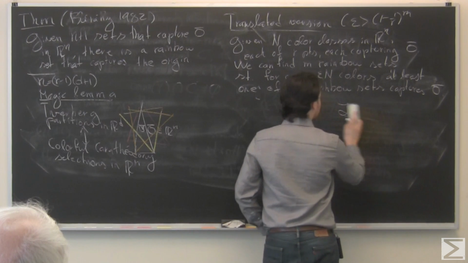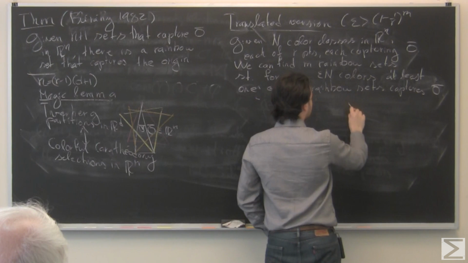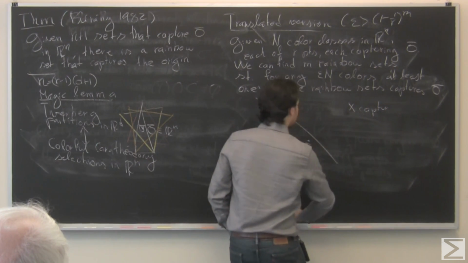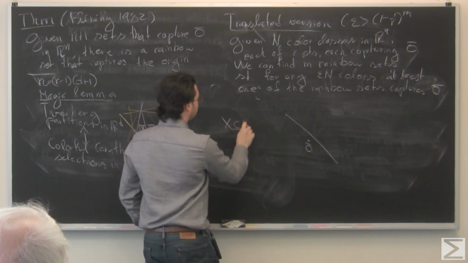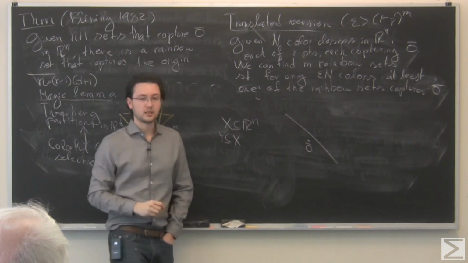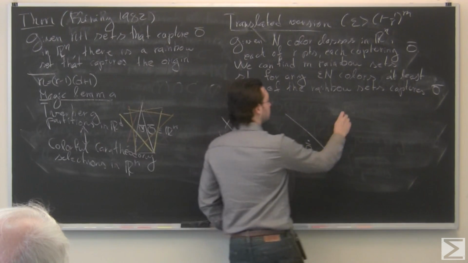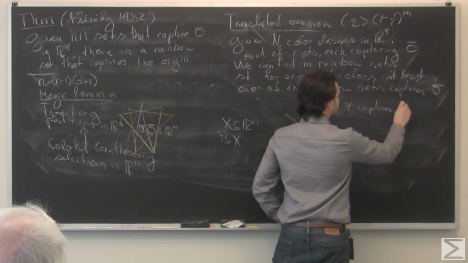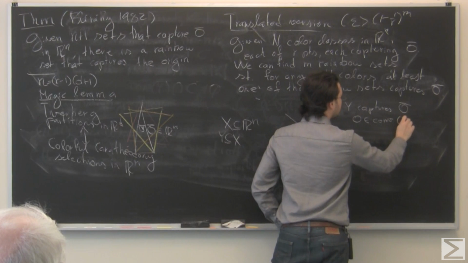Let x be in R^n, and suppose I give you a subset y of x. I want to know if this subset captures the origin. So y captures 0.